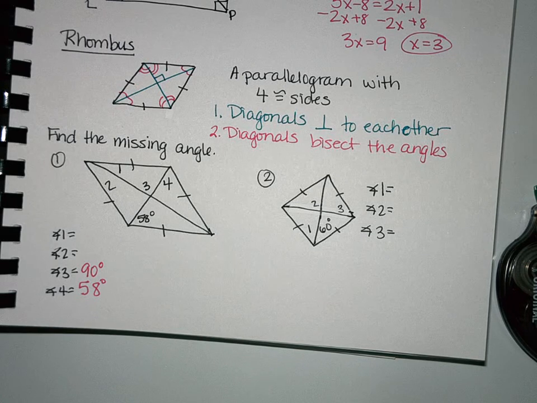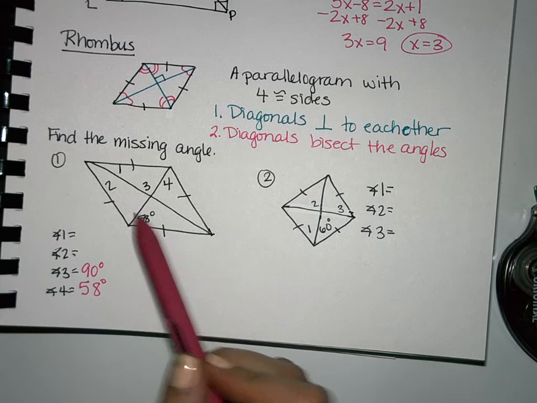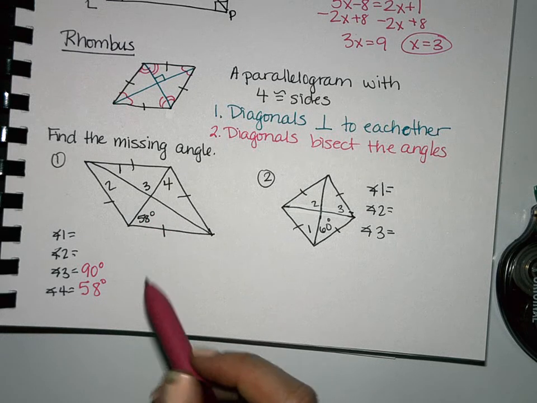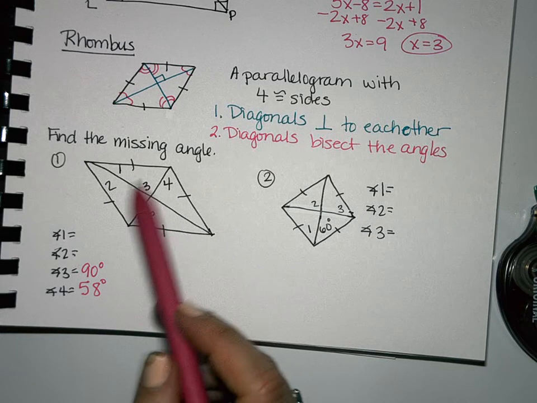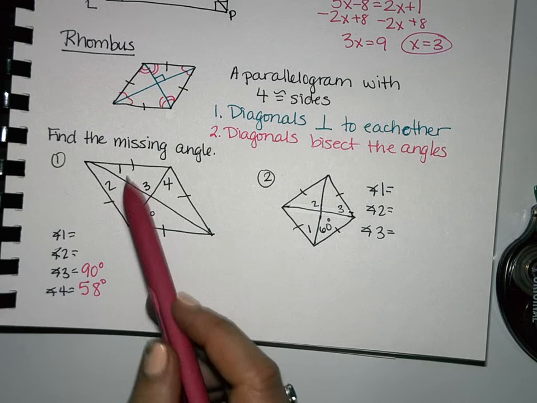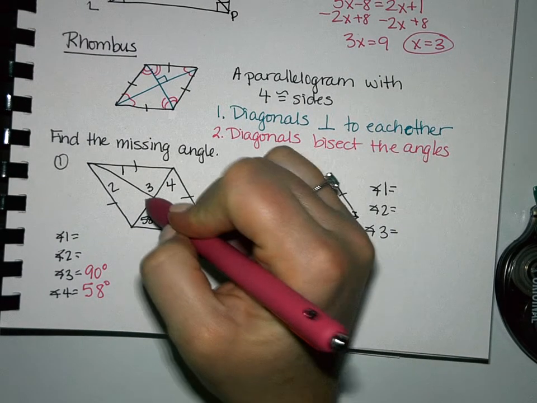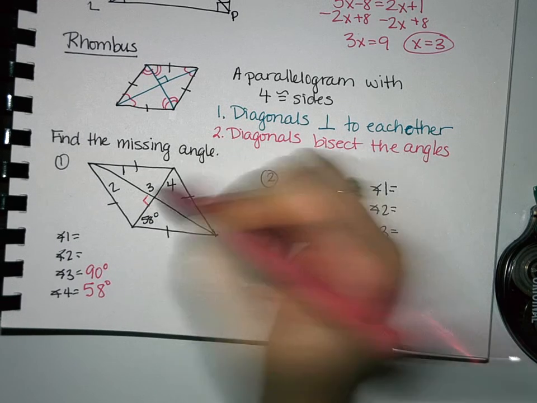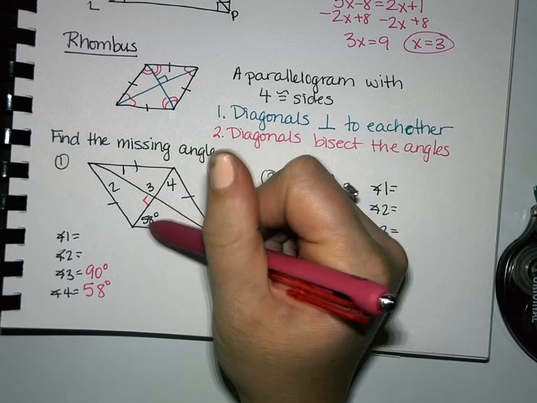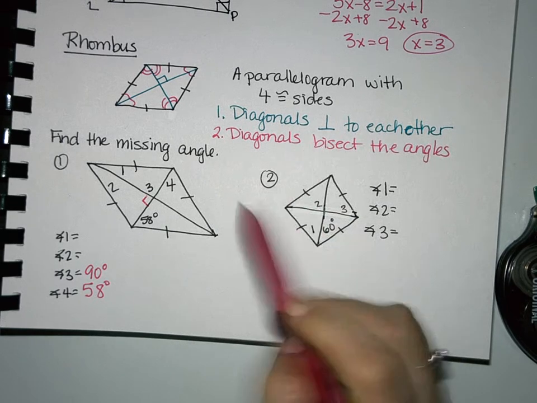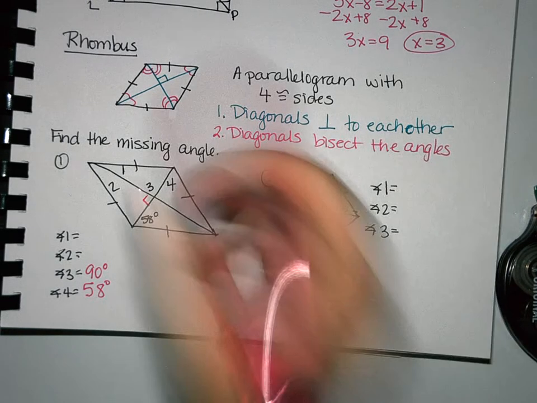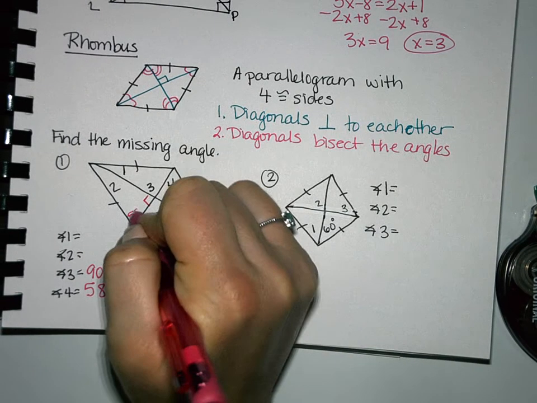Okay, so 58, the vertical angle, if you go to the other bigger triangle, you'll find that that one is also 58. So you do 180 minus 58 minus 90, and you'll get angle 2 and 1. Okay, so what William was saying is we know that all of these angles in here are 90. And we can also use the fact that the diagonals bisect the angles to know that this is also 58.